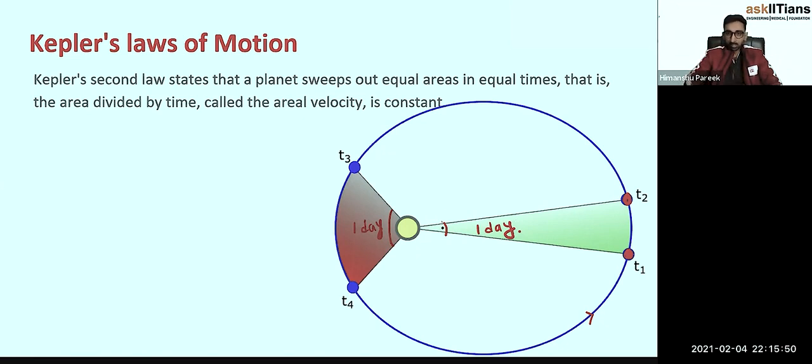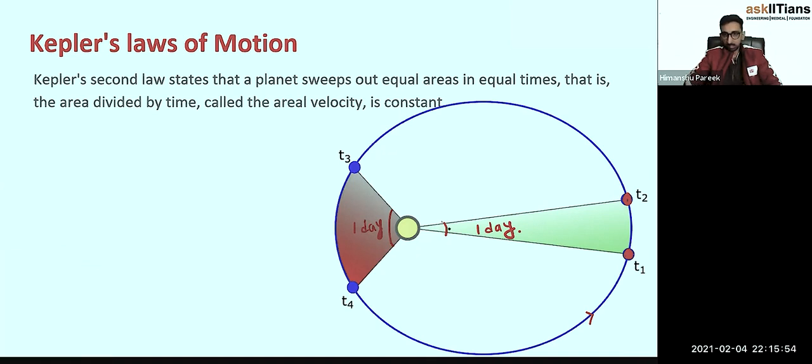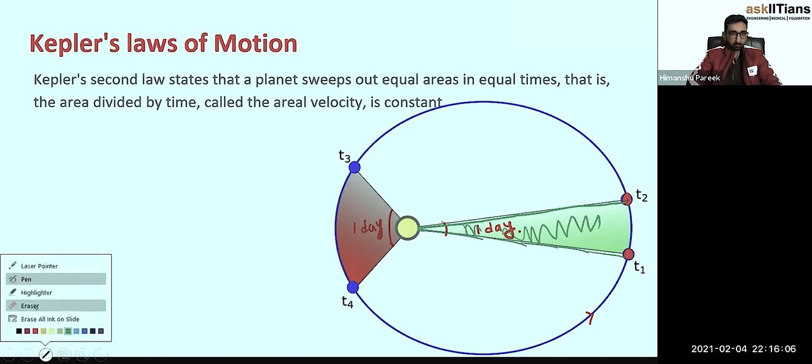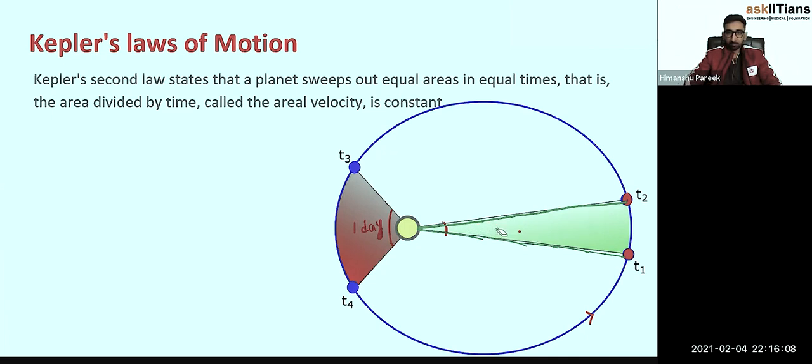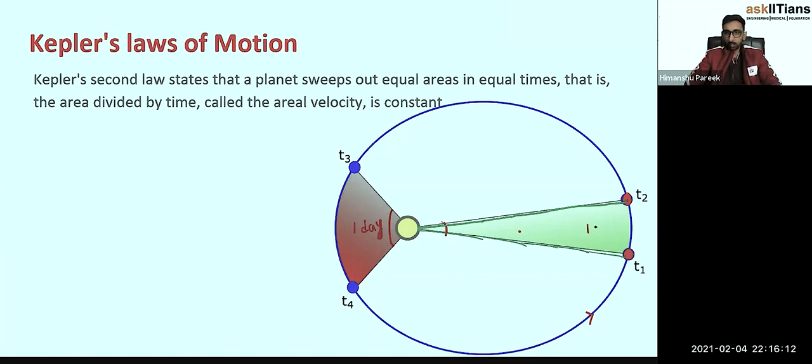Now, if you calculate these areas, this green color area you can see, the area made by this planet at the center, this area. Yeah, so this is the one day of time.